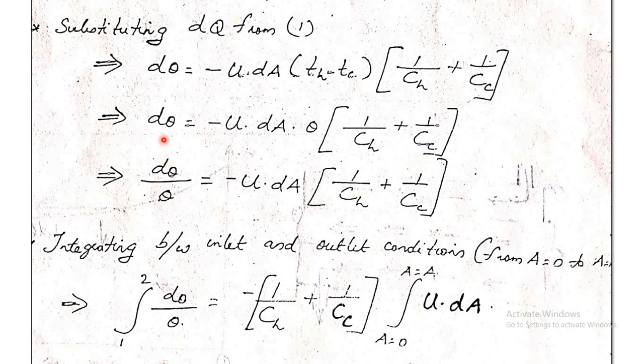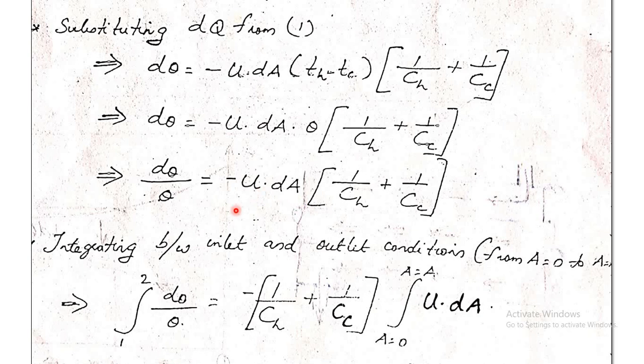Here d theta by theta is one varying parameter, and another varying parameter is dA, that is the area from inlet to outlet. So to get the total heat transfer rate, integrate this equation from inlet to outlet. The area is varying from 0 to capital A, which is the total area of the heat exchanger.